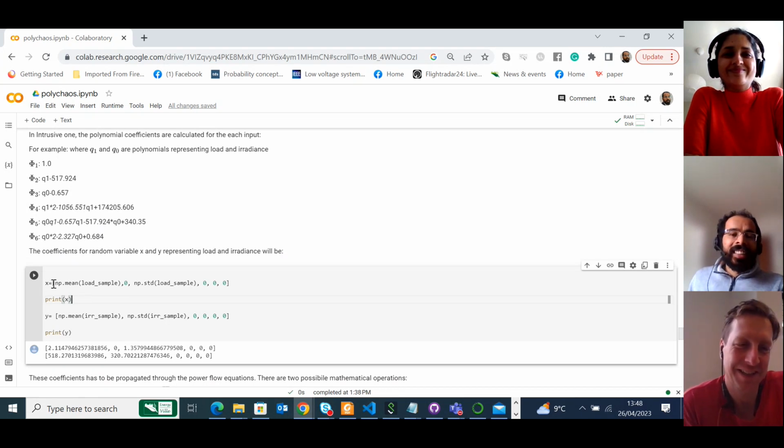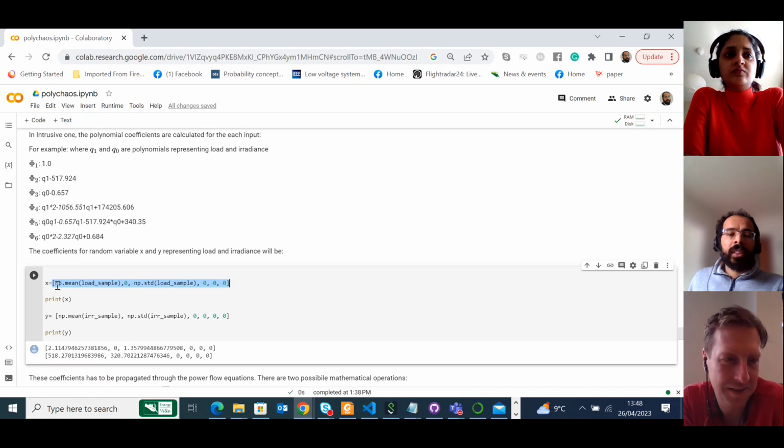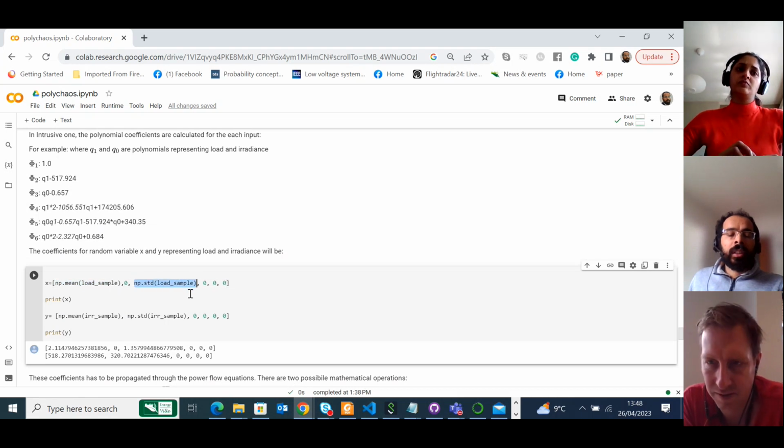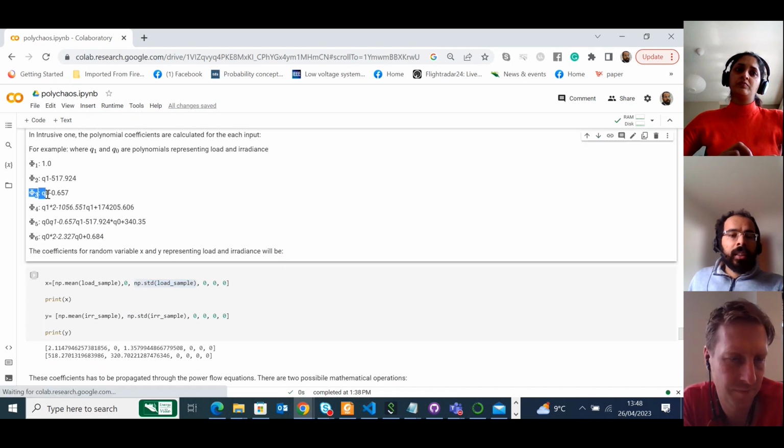So basically we have these 6 coefficients. We don't need all of these 6 coefficients to represent the load. We just need the first coefficient, which is the mean of the load sample, and let's say the third coefficient, which is the standard deviation of load samples. Third coefficient, because this third polynomial is about load.